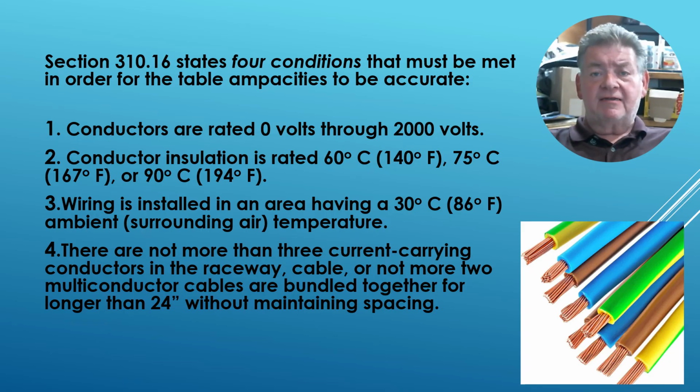Now, the code does include requirements for securing your cables at set intervals. Cable wiring methods are probably the most common way that branch circuits are installed currently. If you're wiring a dwelling unit, depending upon the part of the country that you're in, you're probably going to be using non-metallic sheathed cable or Romex.